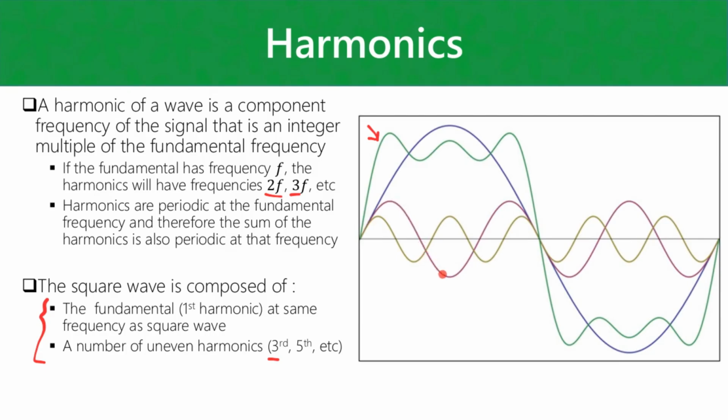you guys will see why. Okay, so what it means for that harmonic to be periodic at the fundamental frequency means that if the fundamental frequency is, let's say, 50 hertz, then the third harmonic is going to be 150 hertz.